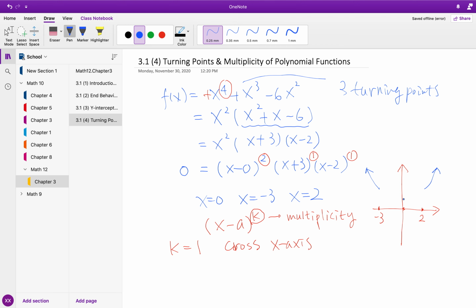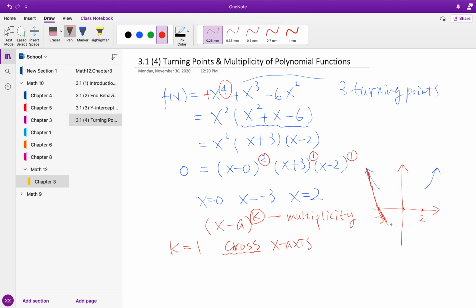Do they cross the axis? Do they bounce back? So let's see. If the multiplicity is 1, then it crosses. It goes from here to here, so it will cross here.